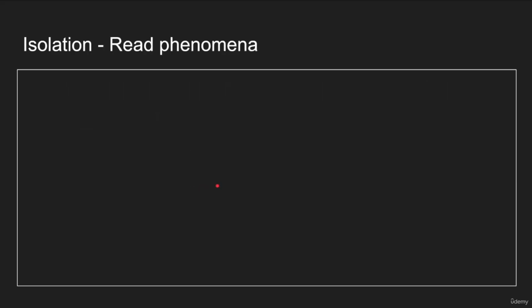So let's talk about isolation read phenomena. What are these read phenomena? The first read phenomenon is called a dirty read, and we're going to talk about them in detail and with an example. Essentially, a dirty read is when you, as an in-flight transaction currently running, read something that some other transaction has written but didn't commit yet.